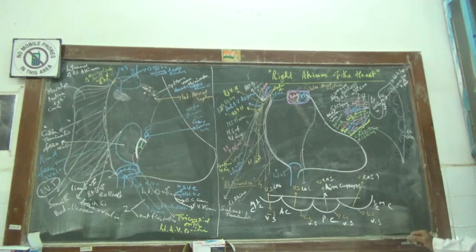The reverse will be the case. This is because of the pressure gradient in those chambers, right atrium and right ventricle. So these are the surfaces.